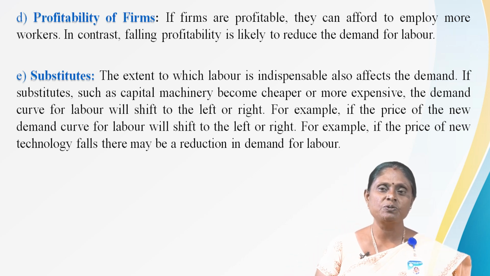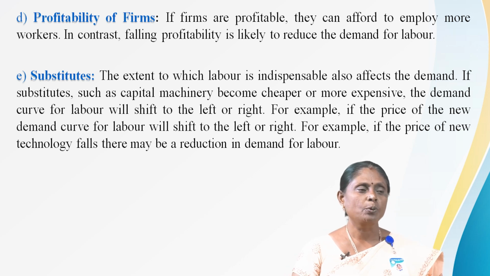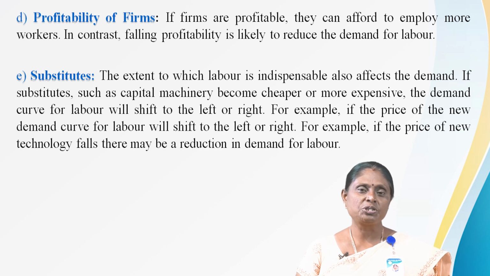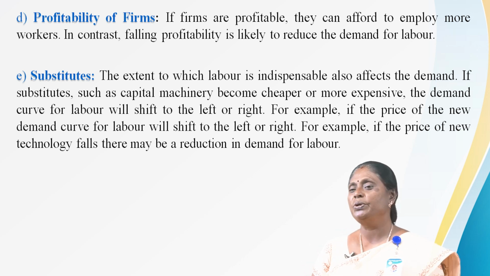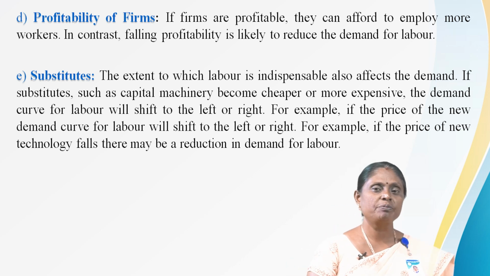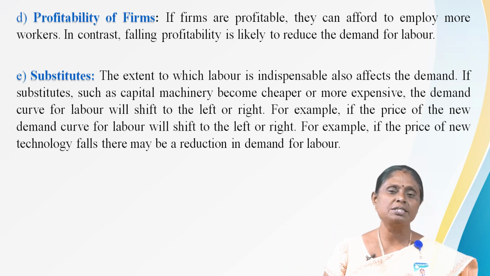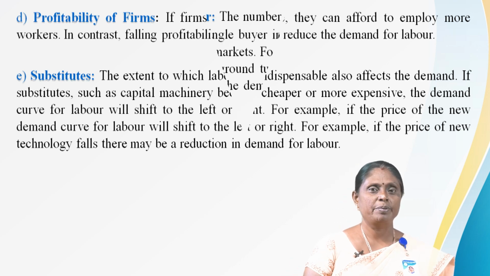If substitutes such as capital machinery become cheaper or more expensive, the demand curve for labor will shift to the left or right. For example, if the price of a new technology falls, there may be a reduction in demand for labor.